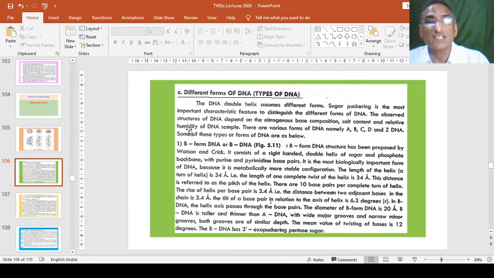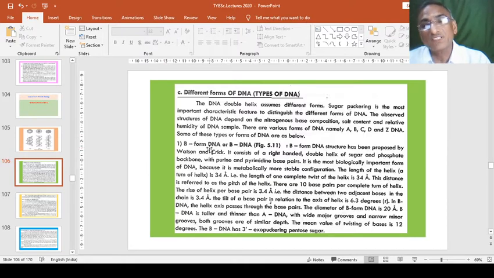The observed structures of DNA depend on the nitrogenous base composition, that is, the composition of adenine, thymine, cytosine and guanine, the salt content, whatever salt materials are present, and the relative humidity of the DNA sample. So there are various forms of DNA, namely A form, B form, C form, D form and Z DNA form.